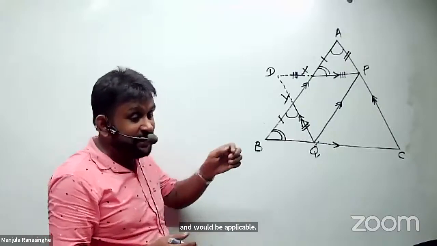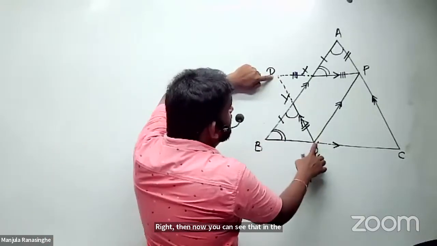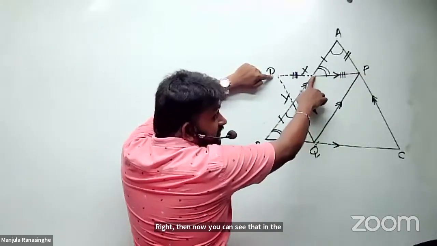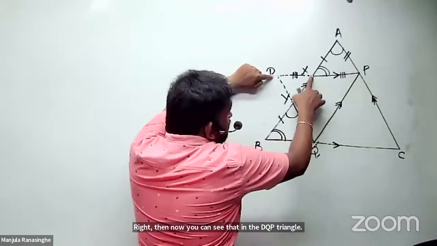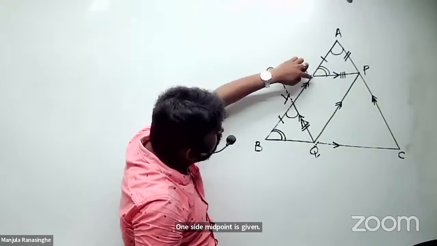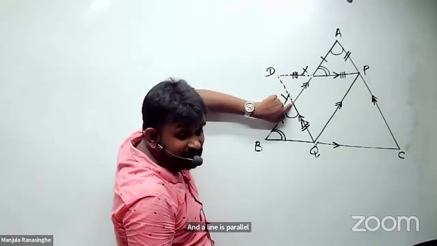Then now you can see that in the DQP triangle, one side midpoint is given, this side midpoint is given, and a line is drawn parallel to the other side.